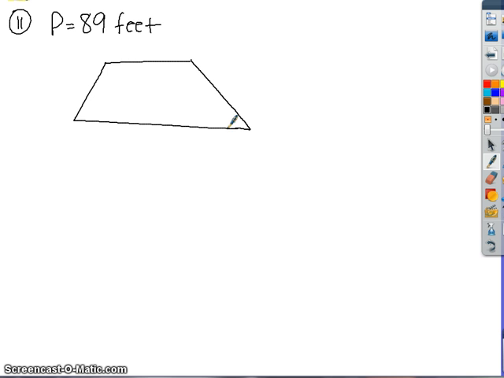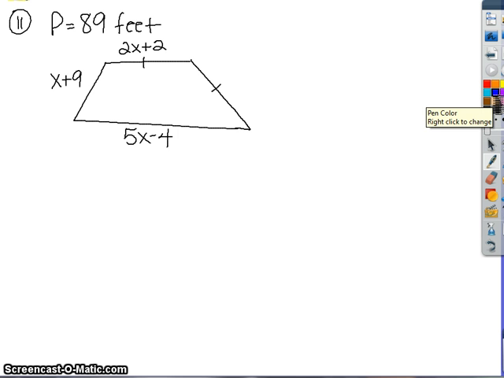And we are told that this side is 2x plus 2, this side is x plus 9, and this side is 5x minus 4. And then we have these markings on there. Well, just to remind you, those markings mean that the two sides in question are congruent. So that means that if this one is 2x plus 2, so is this one.